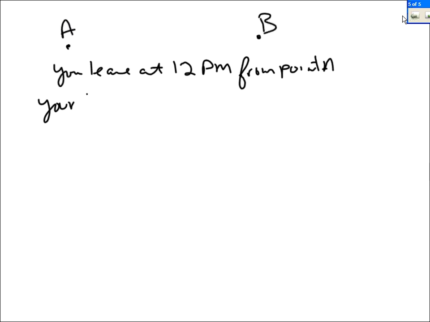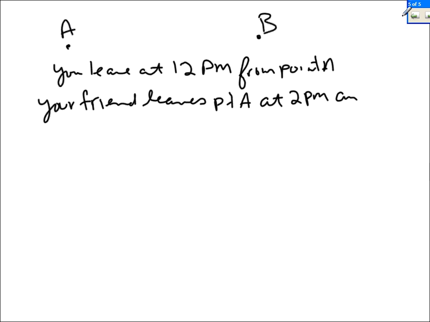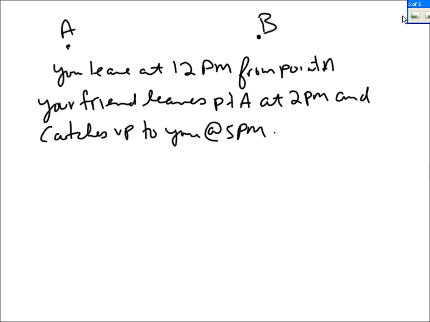You leave at 12 noon from point A. Your friend leaves point A 2 hours later at 2 p.m. and catches up to you because she's driving faster, at 5 p.m.